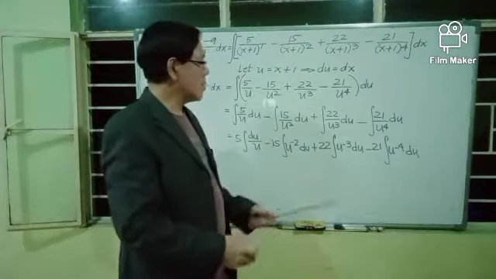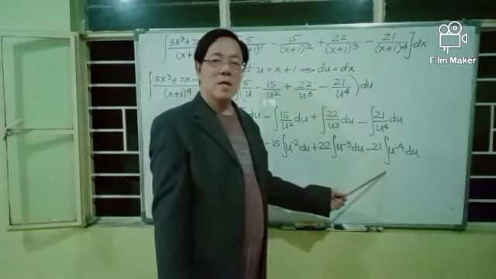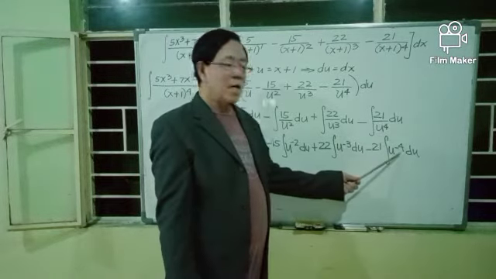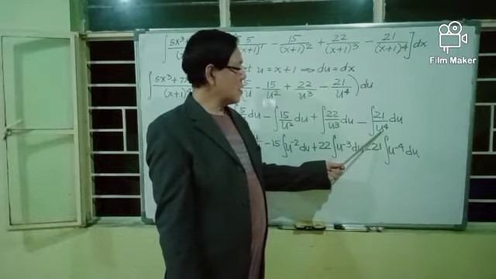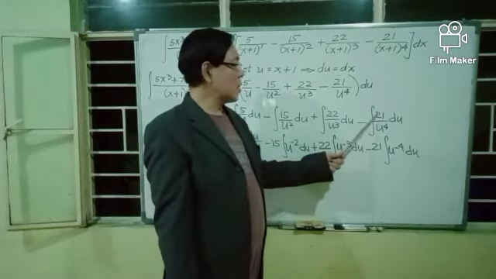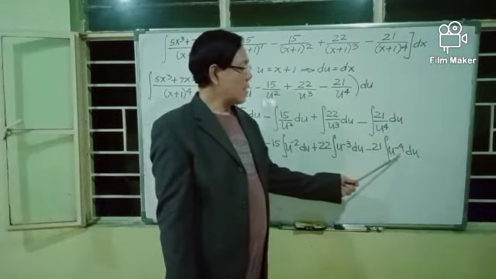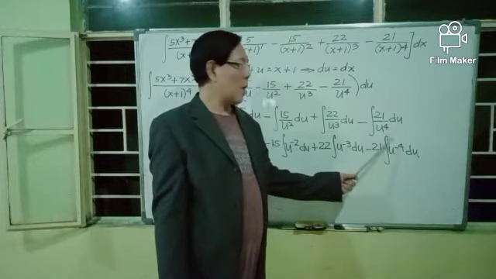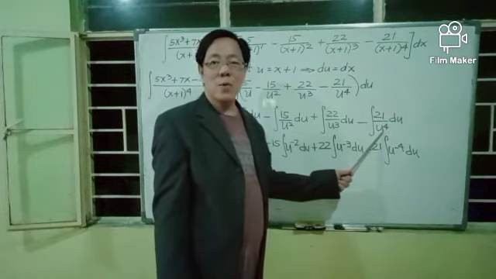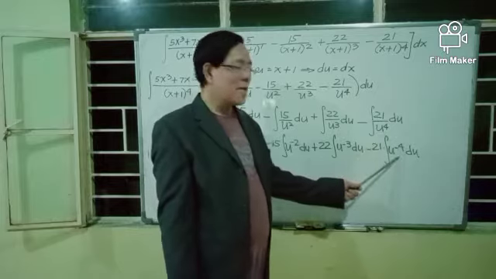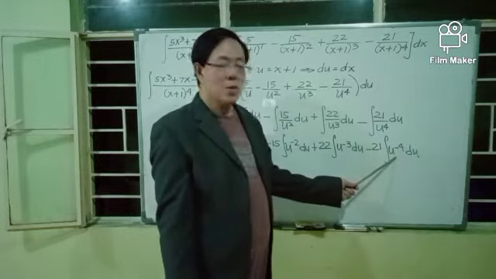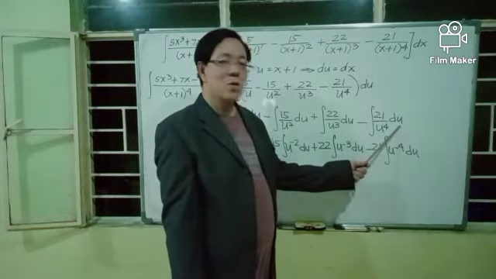And the last term is minus 21 times the integral of u to the negative 4, because we brought u raised to 4 to the numerator and we apply the property of exponents, so we take the opposite sign of the exponent of u in the denominator, it becomes negative 4. And we integrate u to the negative 4 with respect to u.